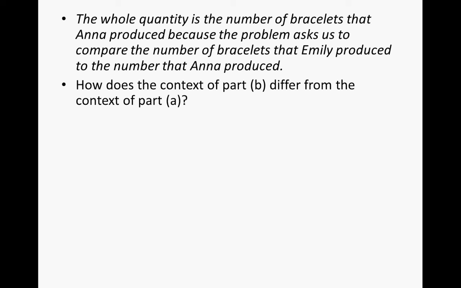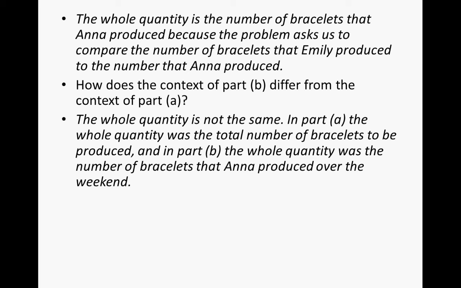So how does the context of part B differ from the context in part A? Well, the whole quantity is not the same. In part A, the whole quantity was the total number of bracelets to be produced, which was 300. And in part B, the whole quantity was the number of bracelets that Anna produced over the weekend.